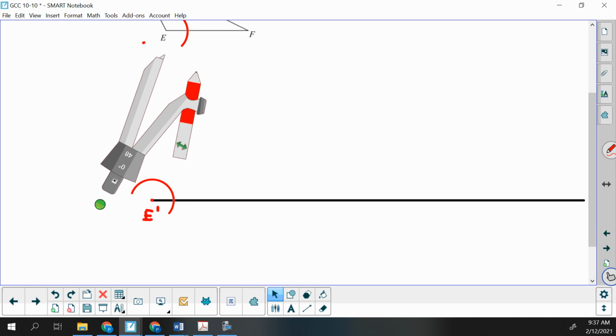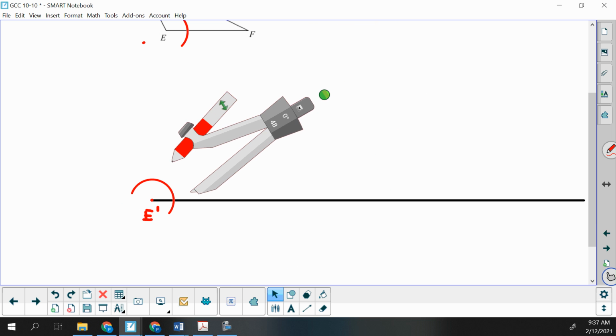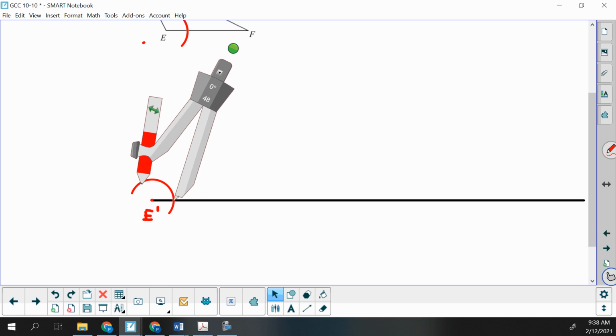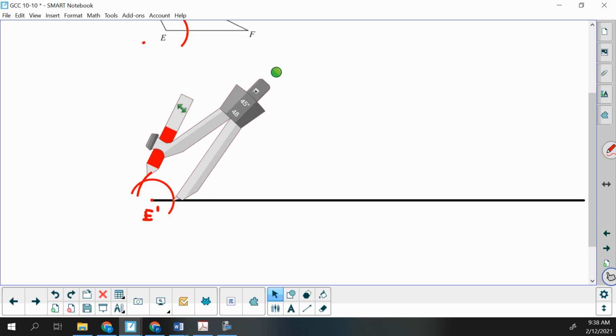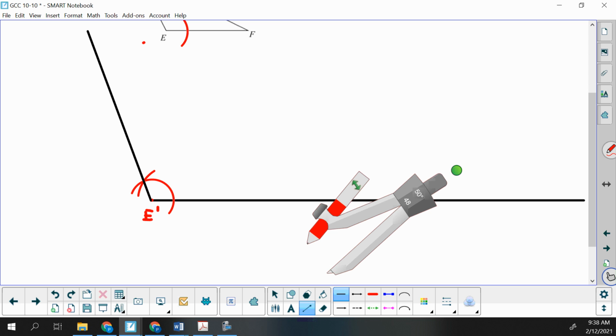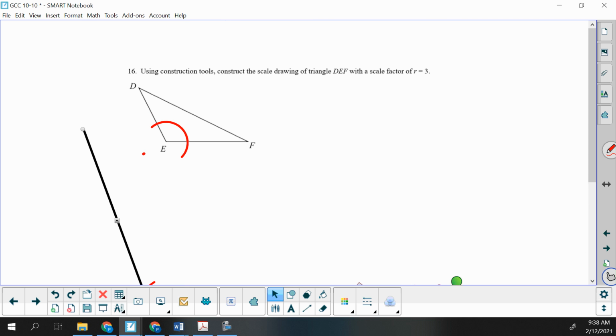And then bring that down and put your point on the intersection we know and make an arc to see where they intersect. And then we want to use our straight edge to go from E prime, go straight through that intersection, and go out a ways. Because we're going to triple the length of these, so we're probably going to need pretty long.